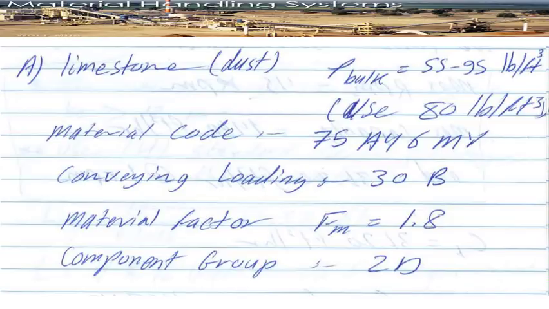The material code is 75, which is the density, multiplied by A46, which is the code for the material. So the conveying load is going to be 30B from the table, and this will tell you exactly the percentage of filling of the screw conveyor. The material factor Fm is equal to 1.8, and the component group is 2D.